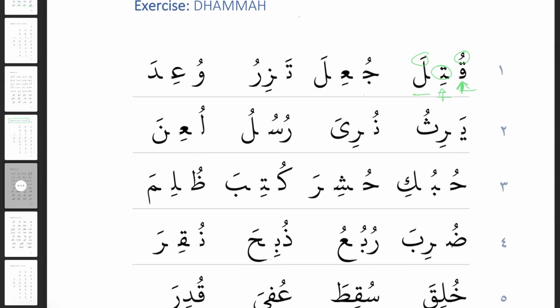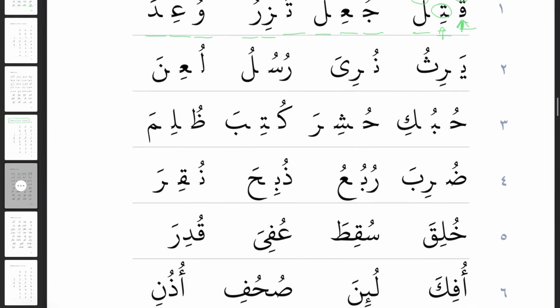You've got ju, i, la, ta, zi, ru, wu, i, da. So hopefully you were able to follow along with that first line. Let's move to line number 2.